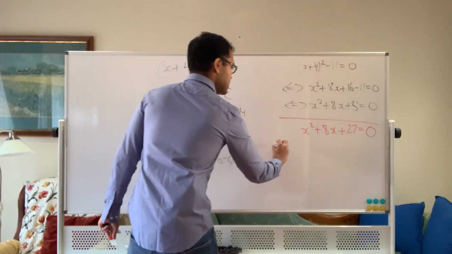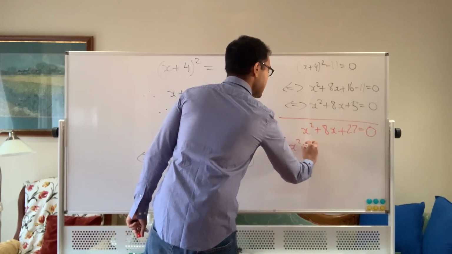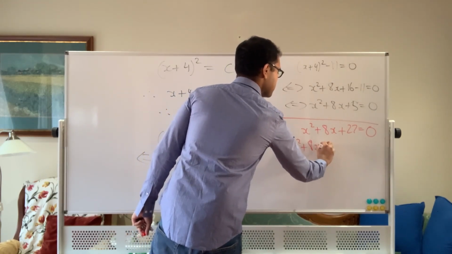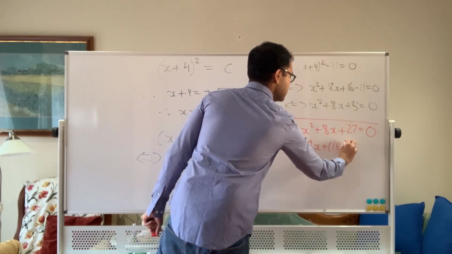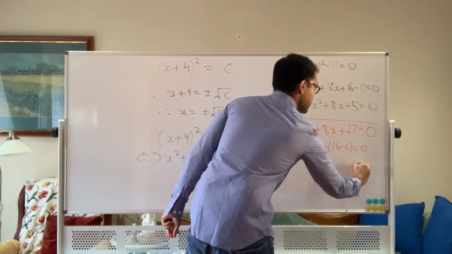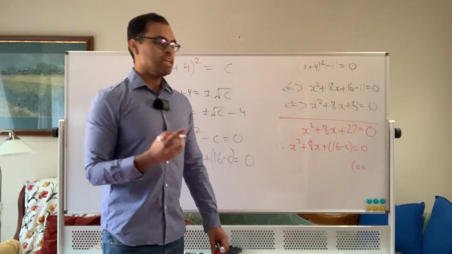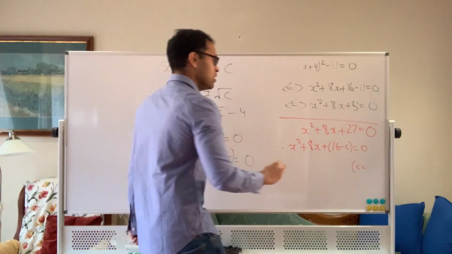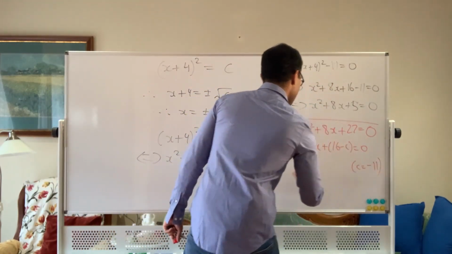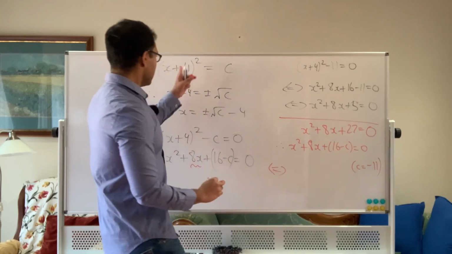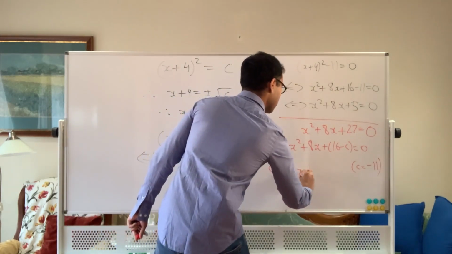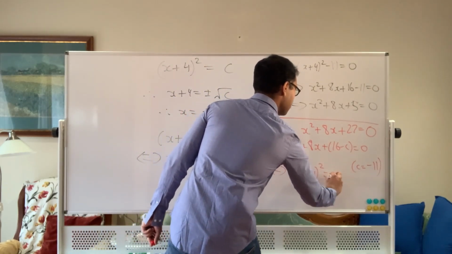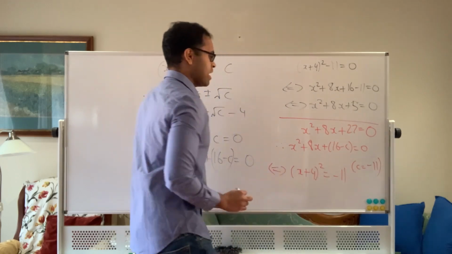This is the same as saying x² + 8x + 16 − c = 0, where 16 − c is 27, which means c is 16 − 27, which is negative 11. So c is negative 11, and that's of course the same as saying (x + 4)² is equal to negative 11, right?